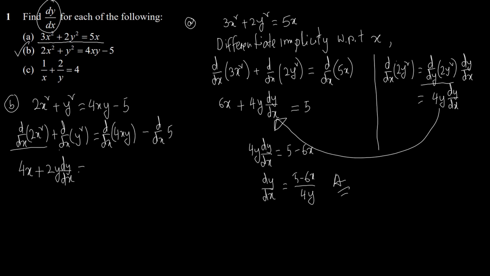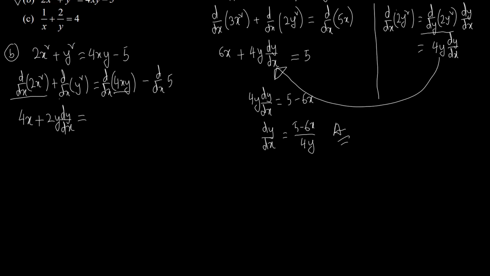But on the right side, 4x and y, we need to apply the product rule. 4x is one part, and the other part is y. Applying the product rule, u dv by dx, which is 4x dy by dx, plus y into d by dx of 4x.